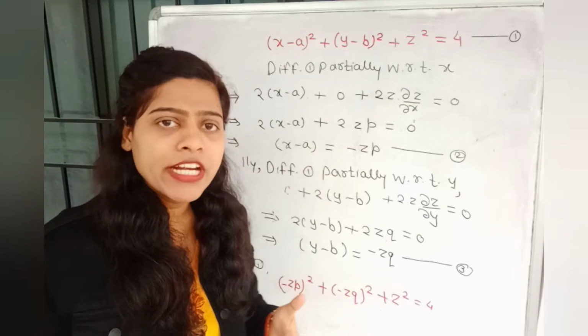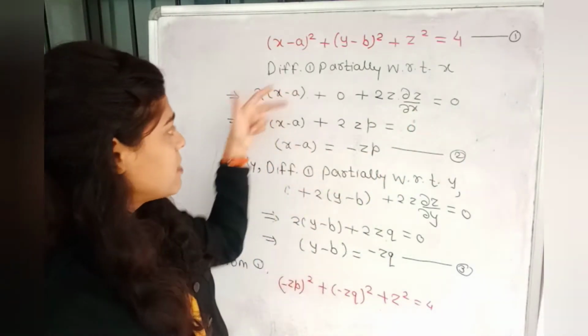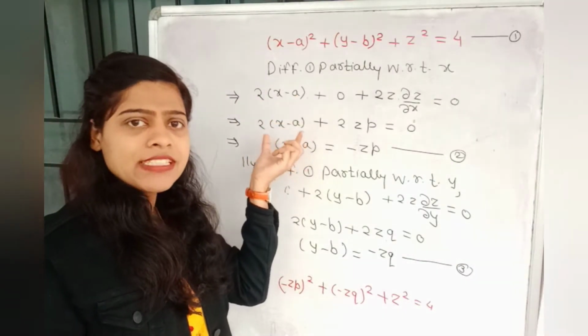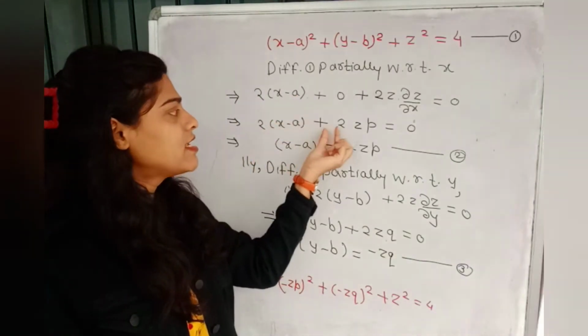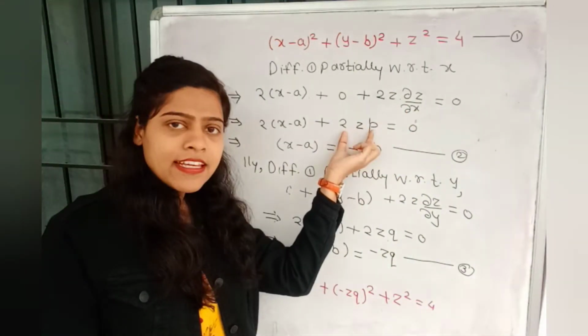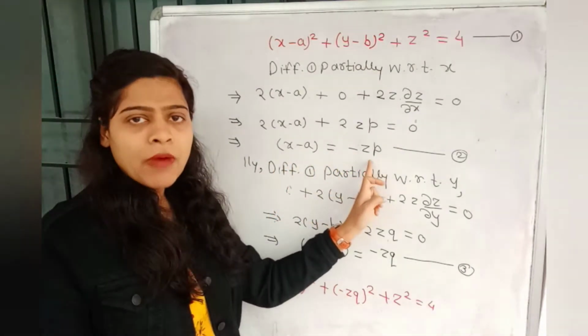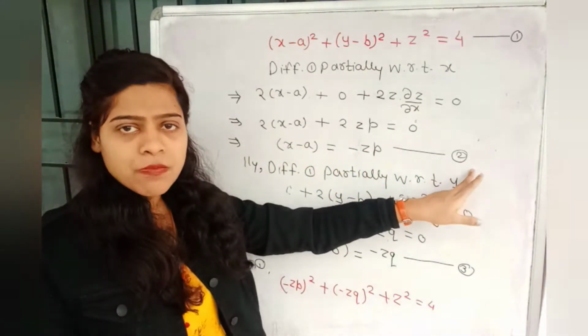The standard notation of dou z by dou x is small p, so 2(x minus a) plus 2z into p is equal to 0. Taking this to the right side, we get x minus a is equal to minus zp. We denote this as equation number 2.